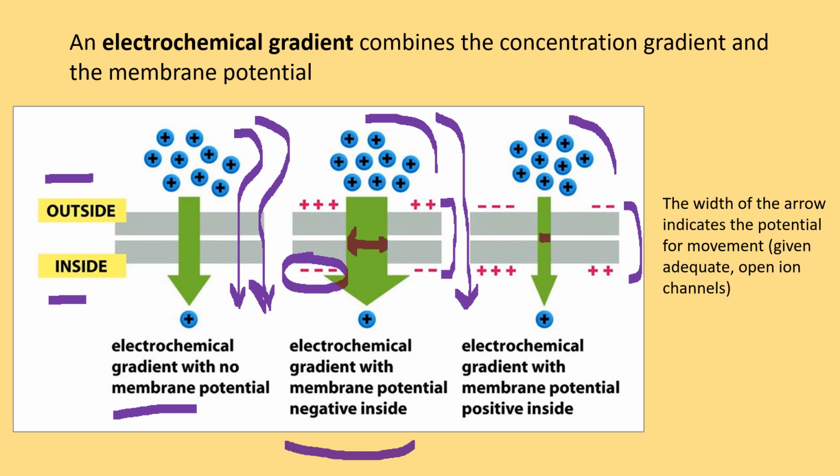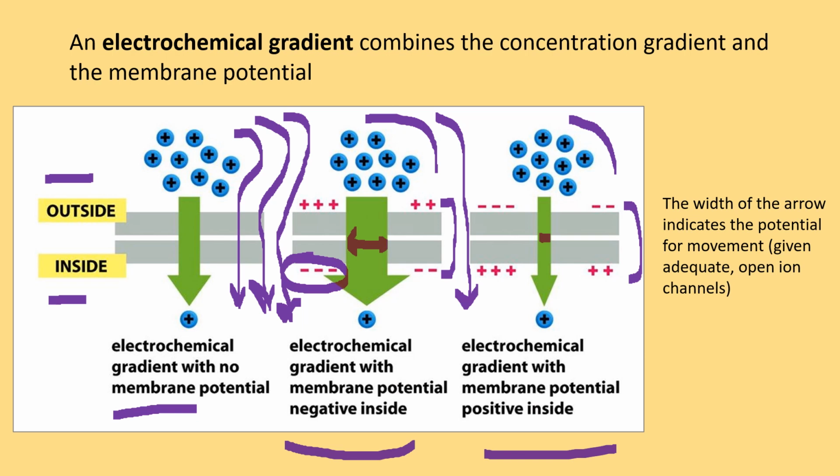So the chemical gradient's exactly the same. We have a concentration gradient of blue dots that's favoring the movement of blue dots from an area of high concentration to an area of low concentration, right? But in our panel all the way on the right here, we have an electrical gradient that impedes or resists or inhibits the movement of these blue dots because these blue dots carry a positive charge and the inside of the membrane is also positively charged.